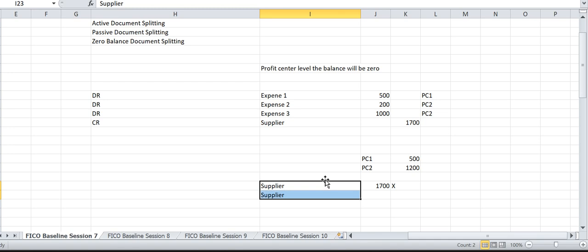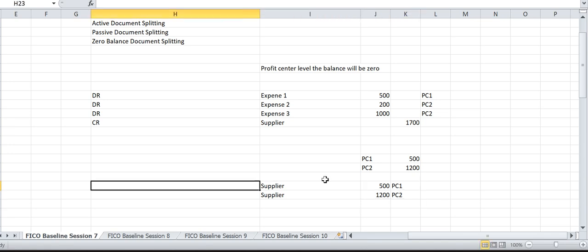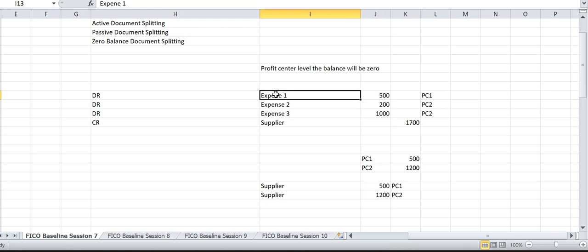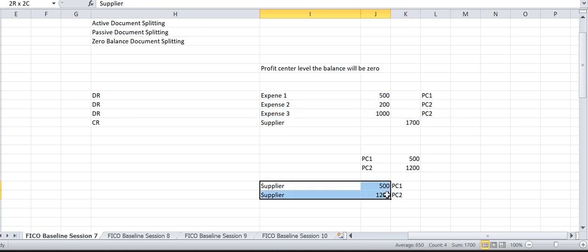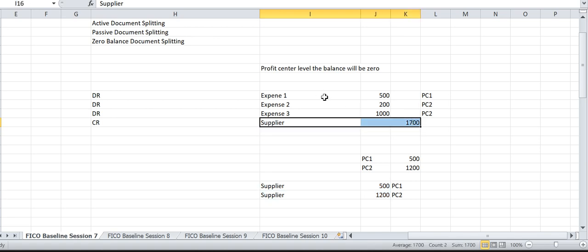There will be the supplier twice: one will be 500, updated with profit center 1, and another will be 1200 with profit center 2. This will automatically happen in the backend. The user will pass this entry, and this will happen in the backend automatically. That means the supplier line which doesn't have any profit center allotted will get split into multiple lines, so that at the profit center level the balance is 0.